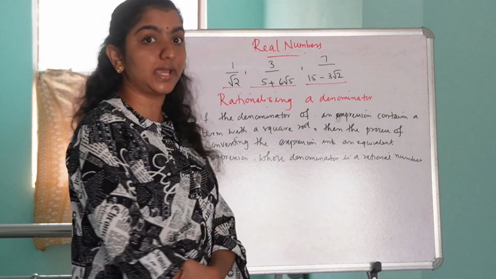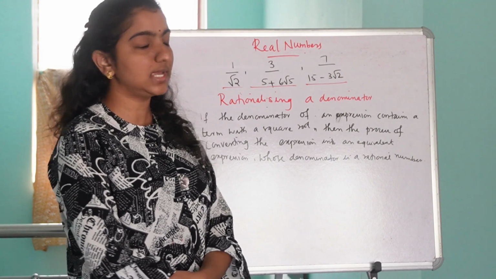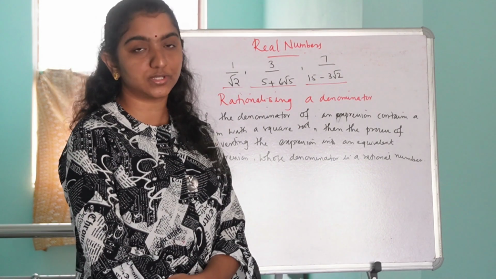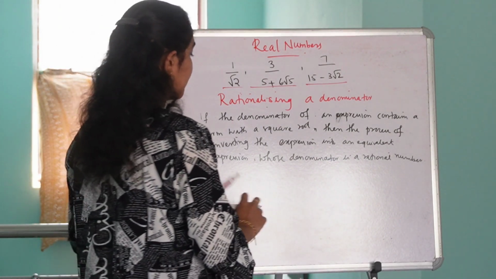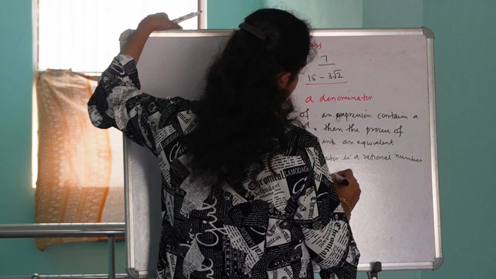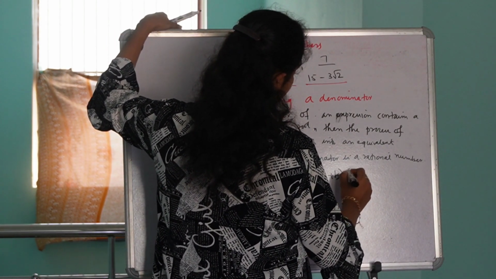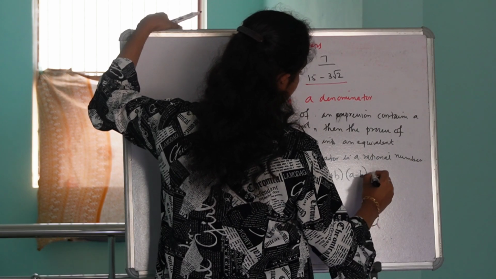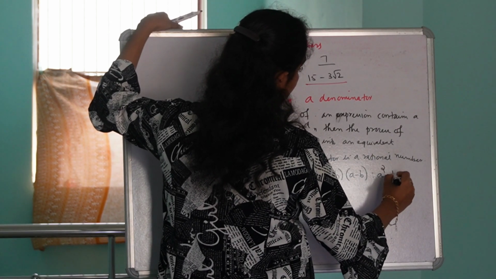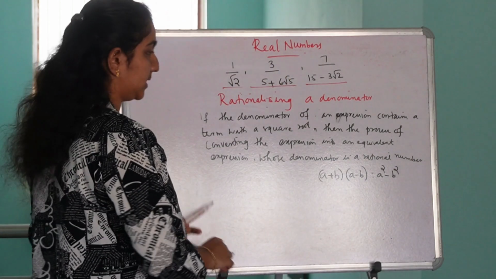Yes, and for that it is also very easy, and for that we use an identity, and the identity is, we all know, the identity a plus b into a minus b is equal to a square minus b square. Is it clear?